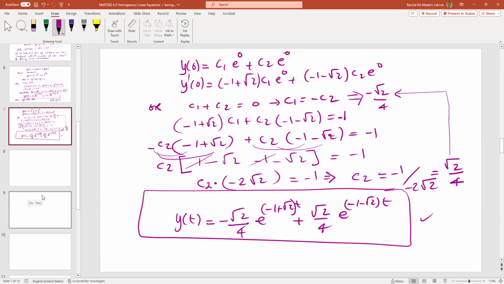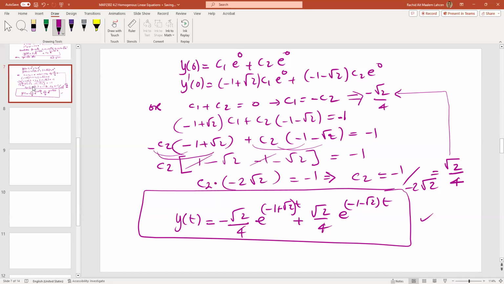And now we understand kind of how this works. So to gain more insight, I'm going to give you some ideas here, some theory behind these, and talk about independence before I go for repeated roots and conclude the video.